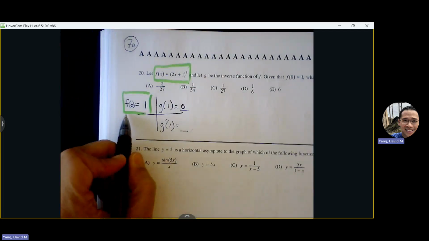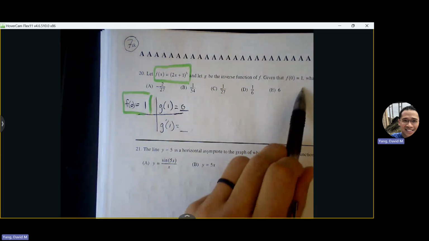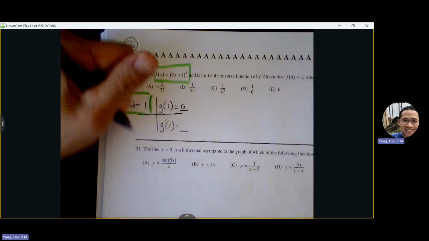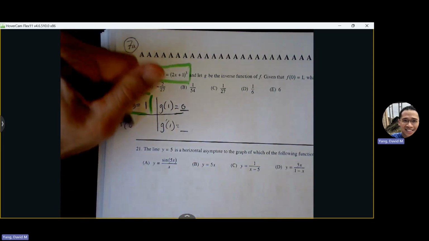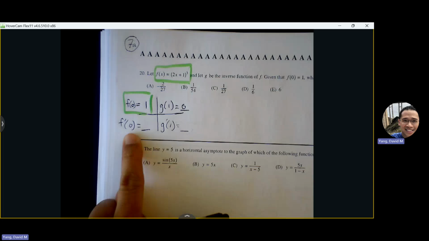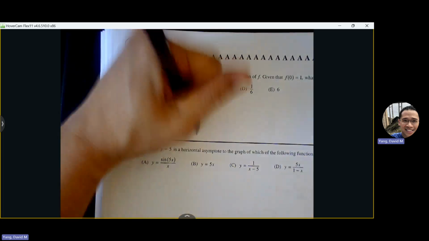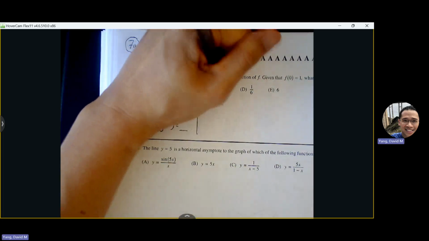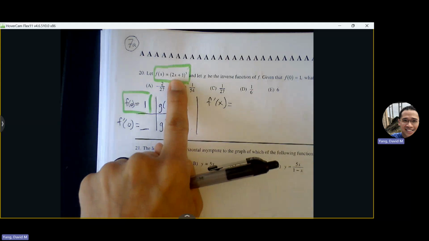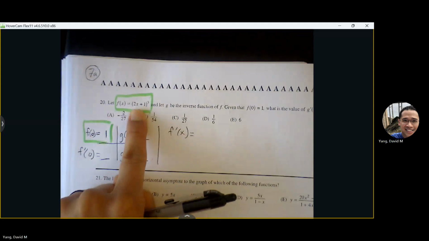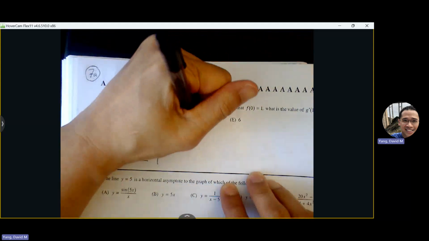If I can find f prime of 0, that's going to lead me directly to the answer that I'm looking for. So let's do f prime of 0. But before I can get to f prime of 0, I first have to find f prime of x. So f prime of x, I'll go through chain rule. Outside times inside derivative.